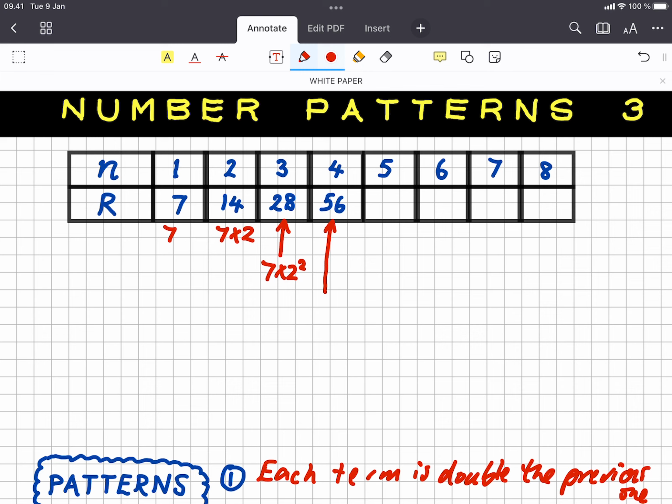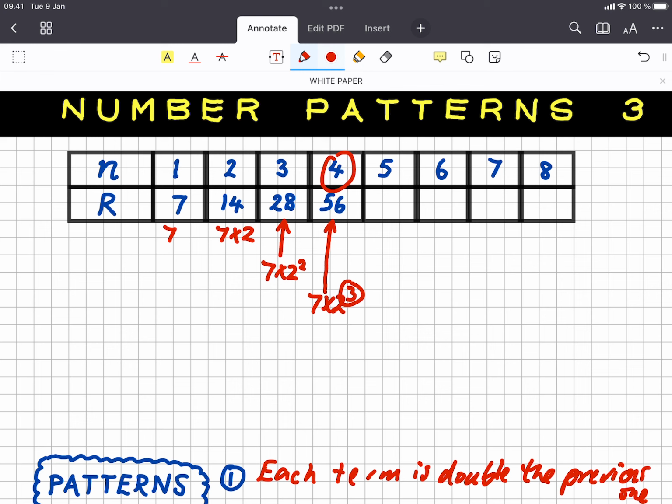And then the next one after that you're multiplying by another 2, so the next one is 7 times 2 cubed, and it's always 7 times 2 to the something, and that something is always 1 less than the position you are in the sequence.